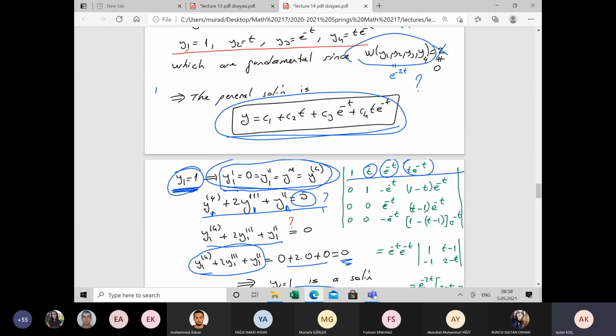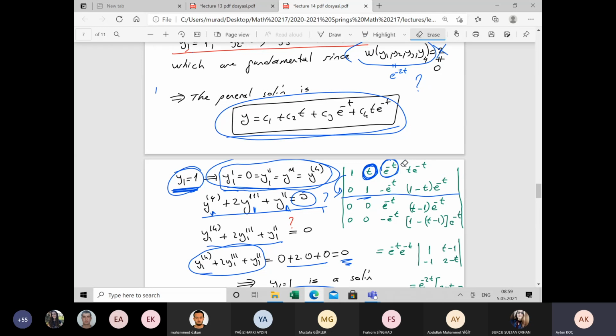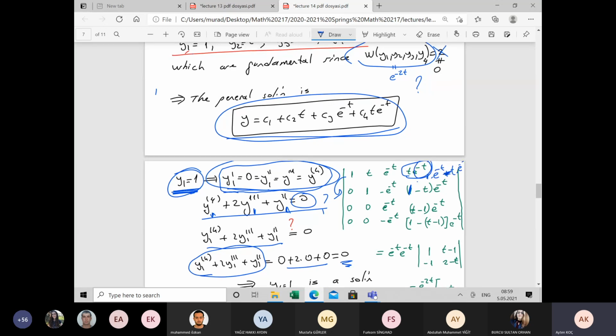The second row will be the derivatives of the first row: 0, the derivative with respect to t is 1, the derivative of e to the minus t is minus e to the minus t, and for the last entry use the product rule: the derivative of the first one times the second one, plus the first one times the derivative of the second one, e to the minus t minus. So we obtain this one. It's okay?